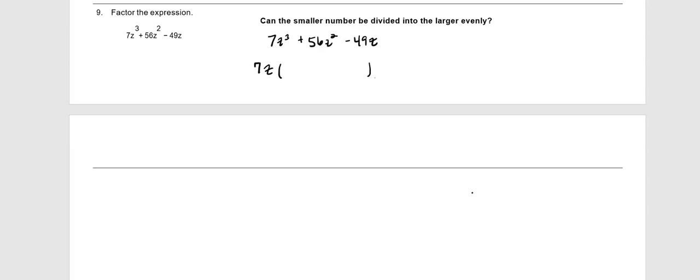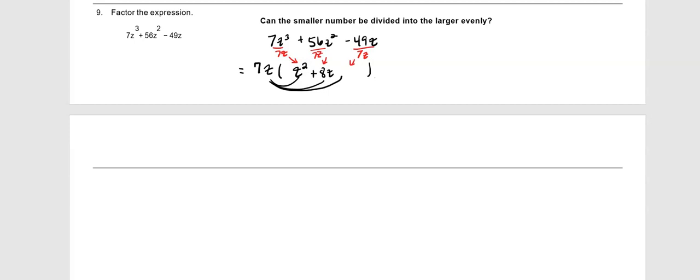So now we can begin the factoring process. And again, if you can do the reverse distributive property here to factor, do that. If you need to set up the division of our GCF into each term of your polynomial, then do it this way to get what's in the parentheses. 7z times z squared will equal 7z to the third. 7z times a positive 8z will give us the 56z squared.